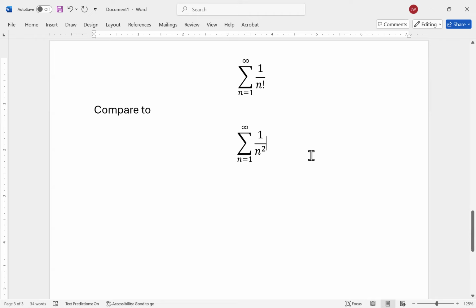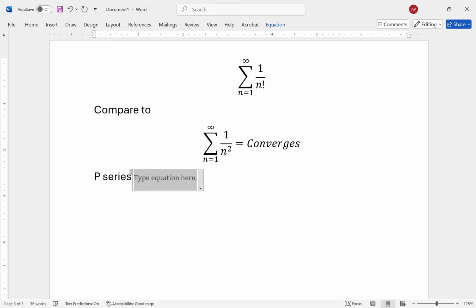So we're going to compare to that. I know that this converges because that is a p series with p equal to 2. Since p is equal to 2, that is bigger than 1, and therefore I know the p series converges.